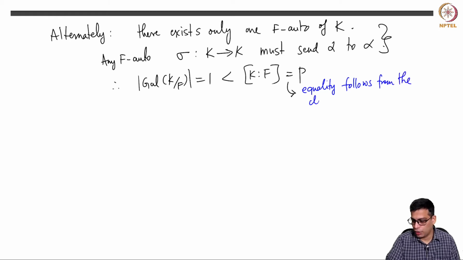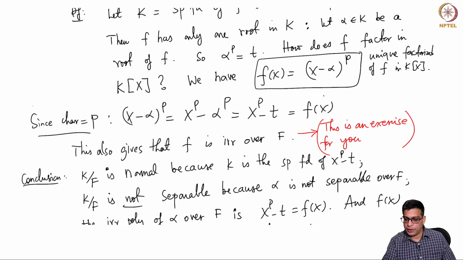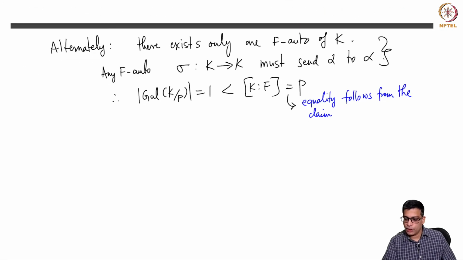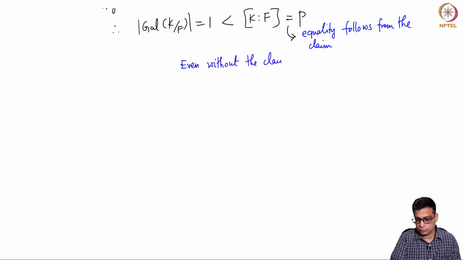which I have not proved, but even if you do not agree that x to the p minus t is irreducible, what you can definitely say is that [K:F] is at least 2, even without the claim. We know [K:F] is at least 2.